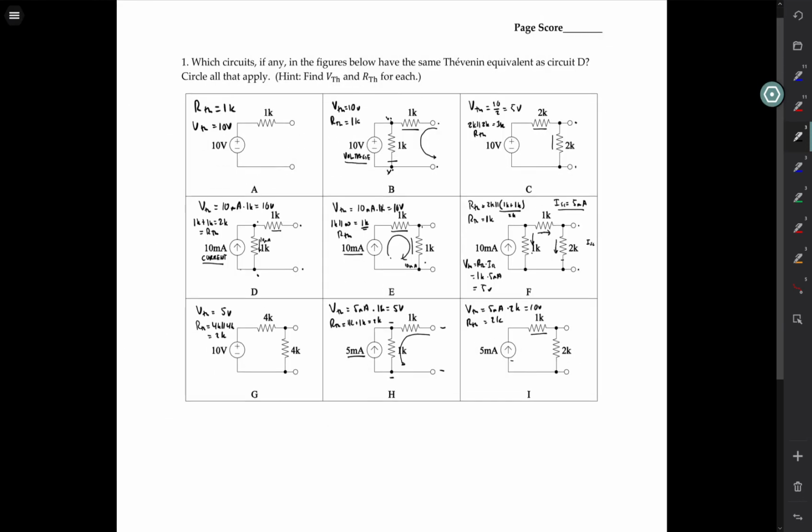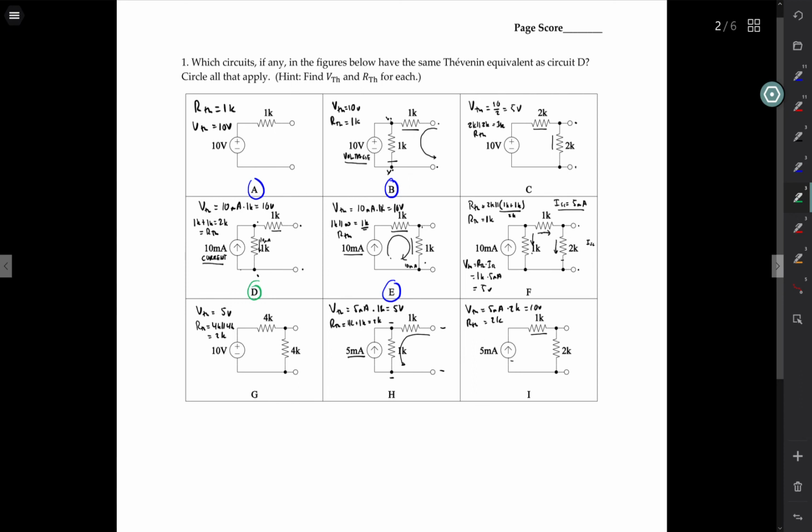Now we can pick out which ones are the same. So what we have is that 1K and 10 volts. So that one there, 1K and 10 volts, that one there, 1K and 10 volts, that one there are the same. The other ones are 10 volts and 2K. So we look around for 10 volts and 2K. There's a 10 volt and 2K.